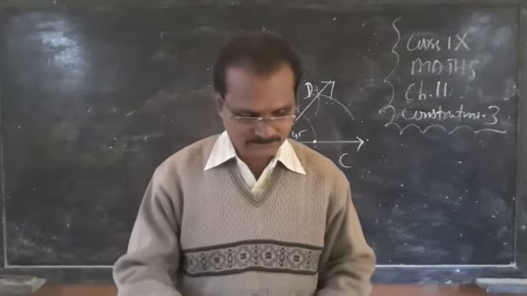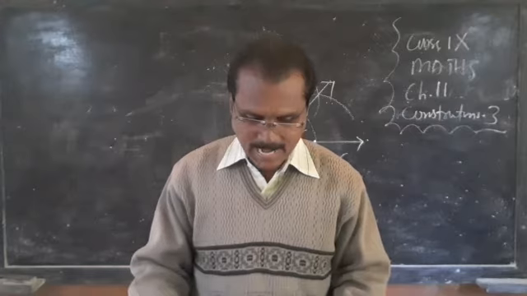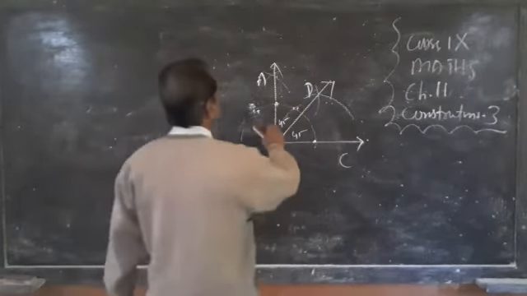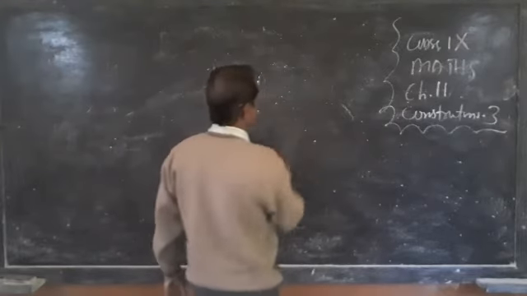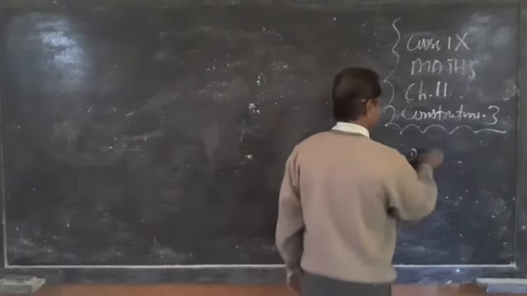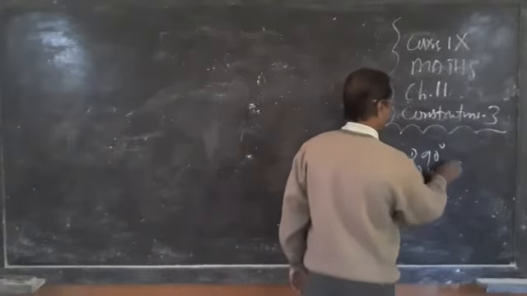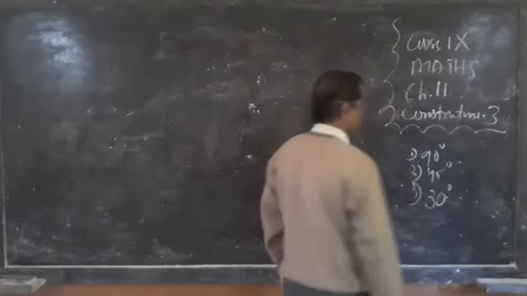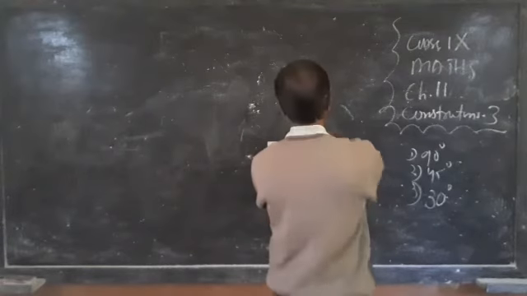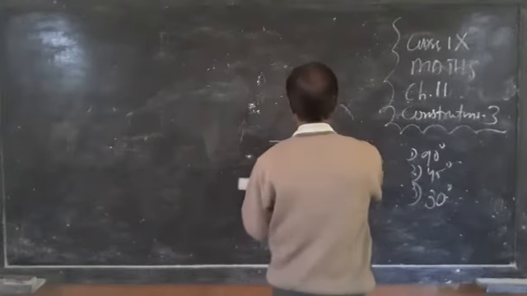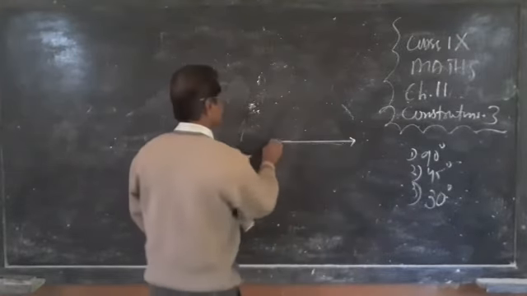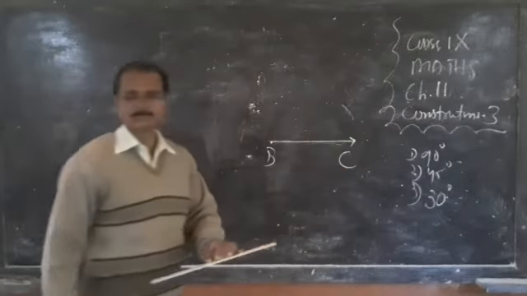Okay, 45. Now 90 degrees is done and 45 degrees is done. Now the third one is 30 degrees. How will you construct 30 degrees? Again ray BC.